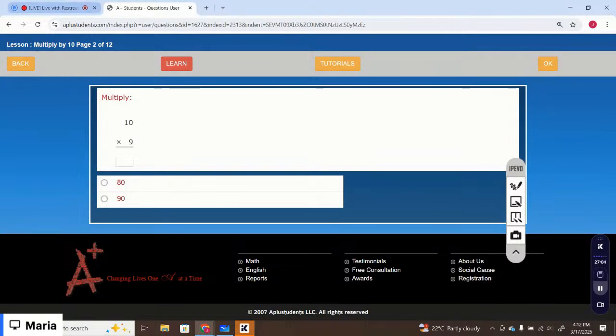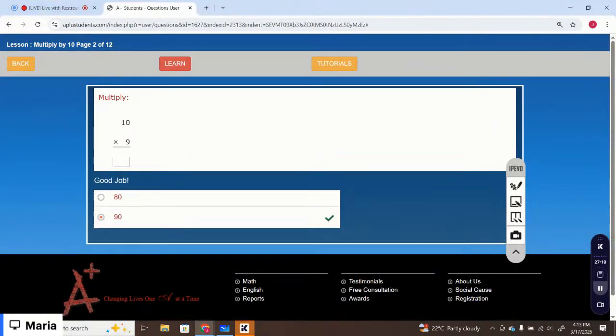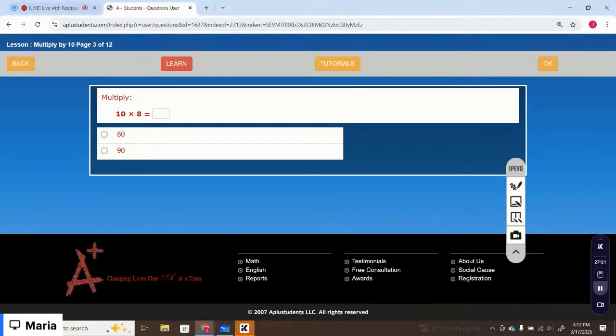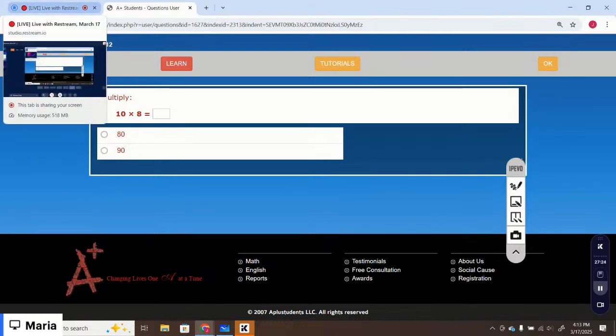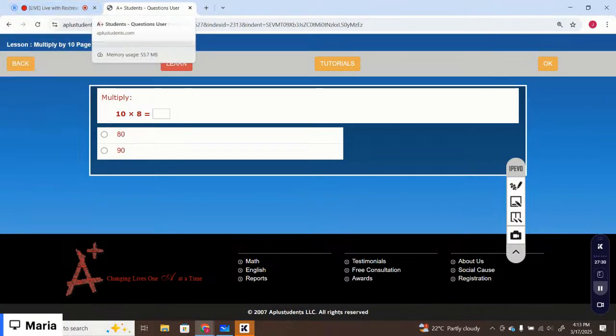Ten times 9 equals 90. Option number 2 is the correct option. Ten times 8 equals 80. Option number 1 is the correct option.